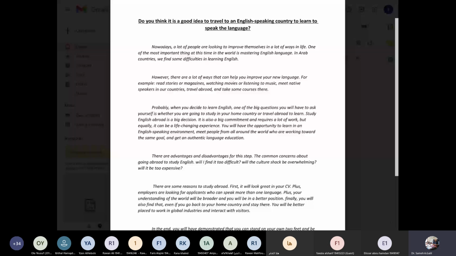Again, I would also take it against Fawzia that she didn't include this decision to learn English, whether at home or abroad. She should have added that to her introduction, right? Her introduction would tell me that in the body paragraphs, I'm going to meet totally different things.